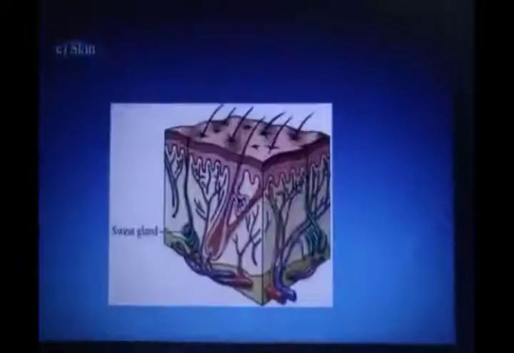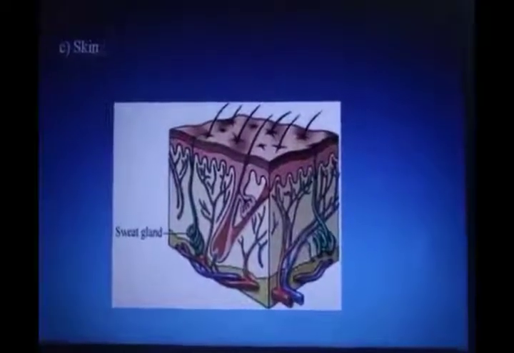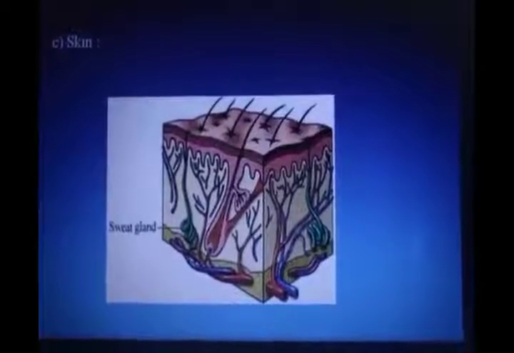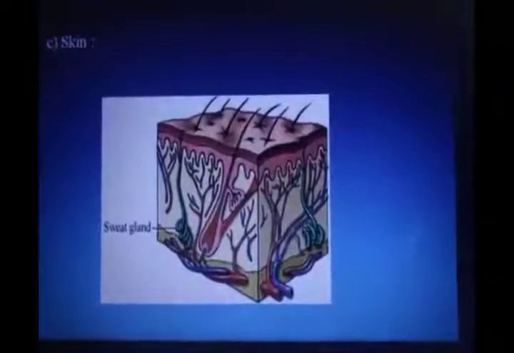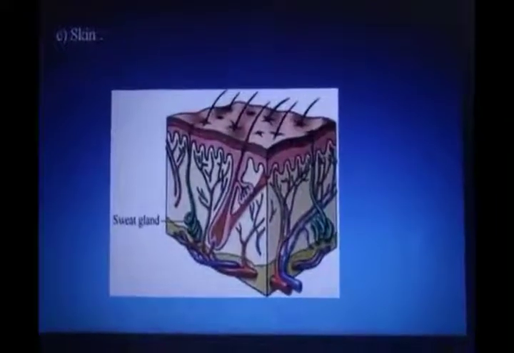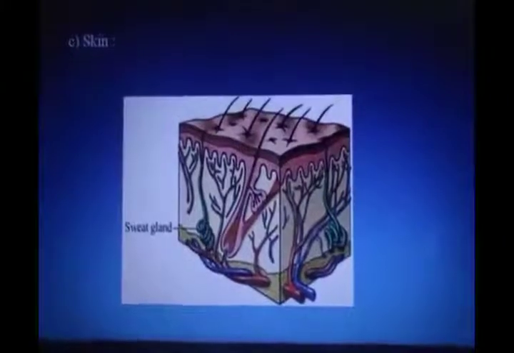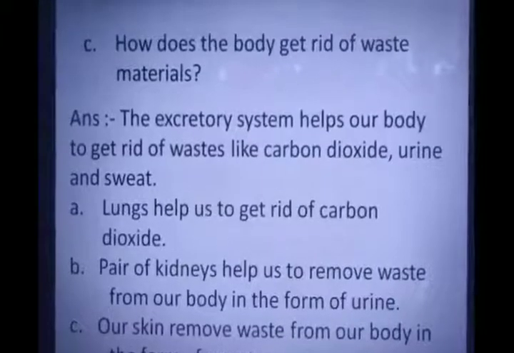Our skin is also a kind of excretory organ. It removes waste in the form of sweat. So all this knowledge we are going to combine together to write the answer 6c.